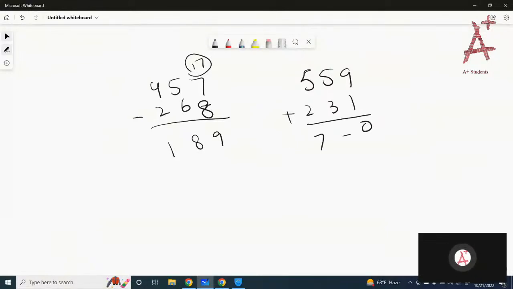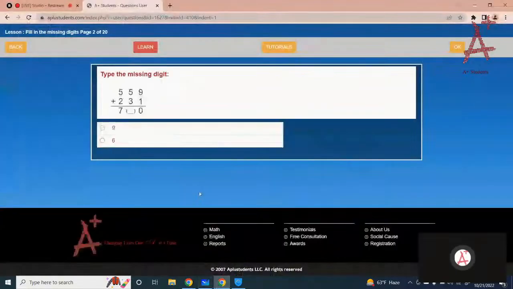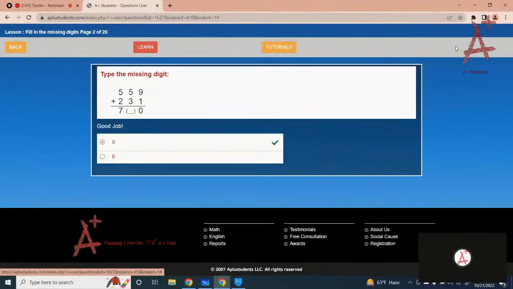So the digit that is missing is from the sum, so just add the digits. 9 plus 1 is 0, you have to carry 1. So you have 5, 6, 7, 8 and 1, 9. That means the missing number is 9. Got it? So select the correct option and then click on the OK button.